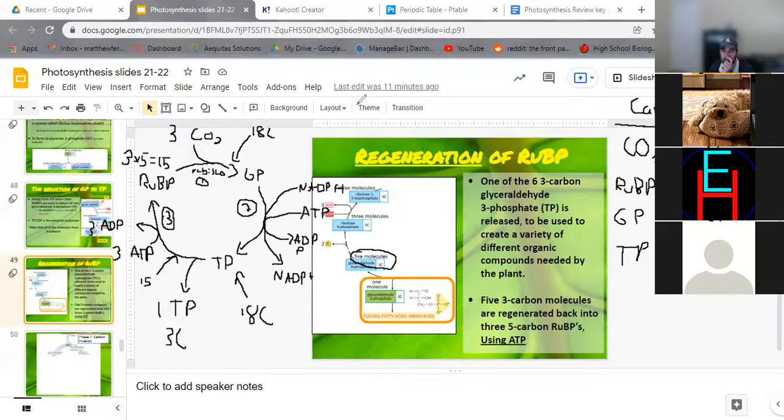Now let's just make sure that we're all on board here. We said that the ultimate goal of photosynthesis is to do what? Create glucose. But so far, the only thing that I've seen made in the Calvin cycle is a 3-carbon molecule. So what the heck? What's going on? What can we do?